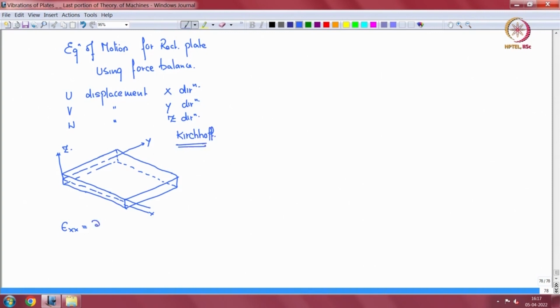So epsilon xx is del u by del x, then epsilon yy is del v by del y, epsilon zz, as our assumption says, is del w by del z, which is 0. Okay. Then epsilon xy is del u by del y plus del v by del x.